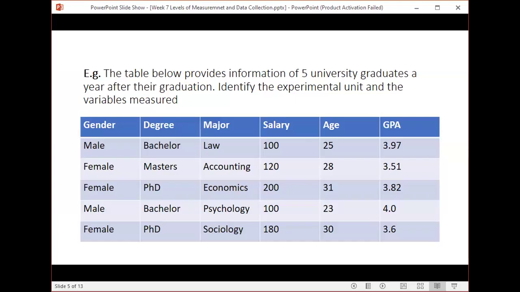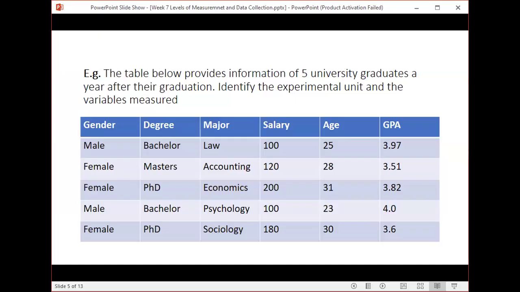But age, salary, and GPA, which of them is a continuous quantitative variable and which of them is a discrete quantitative variable? Salary and age are discrete variables. GPA is a continuous variable. Okay, I know where you're coming from. Any different idea about salary, age, and GPA?